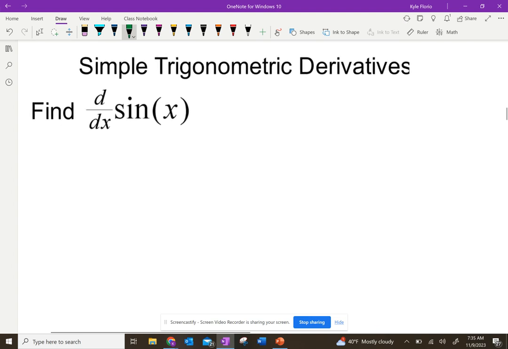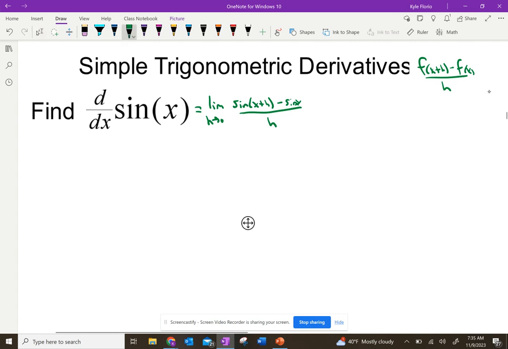We know what the sine function is, and if I want to find the slope of it, that's equal to the limit as h approaches 0. Remember the difference quotient, f of x plus h minus f of x, over h. In this case, my function is sine, so it's going to be sine of x plus h minus sine of x over h. And somehow we need to do some work to this to find the limit.